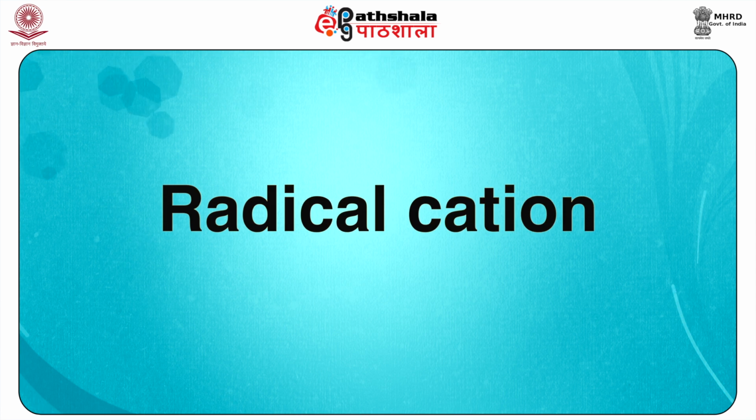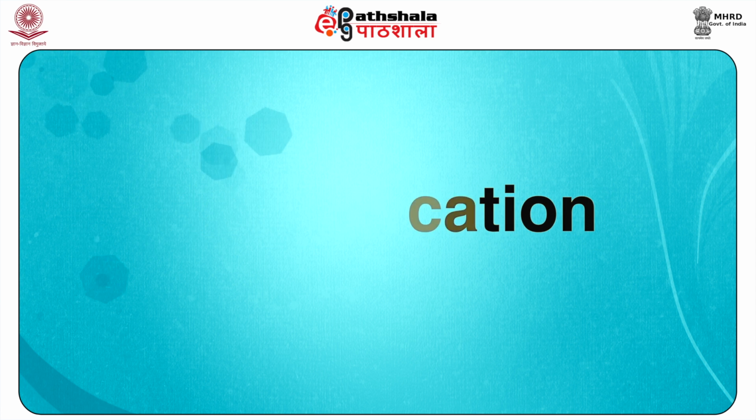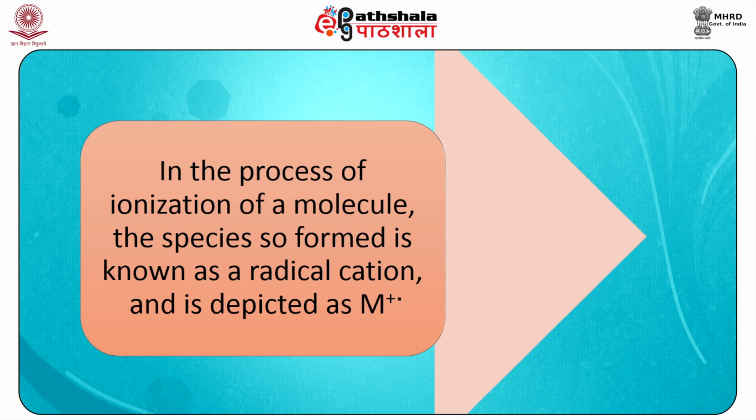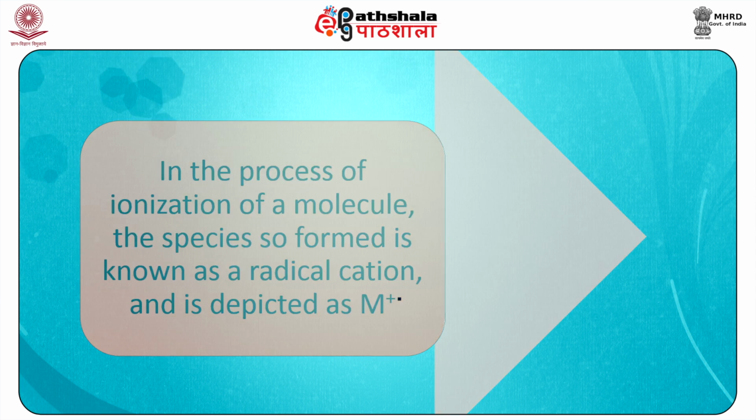Now let us come to some important definitions. First of all, I would like to tell you what is a radical cation. In the process of ionization of a molecule, the species so formed is known as a radical cation and is generally depicted as M+ with a dot. Dot represents the radical and plus sign represents that it is a cation.